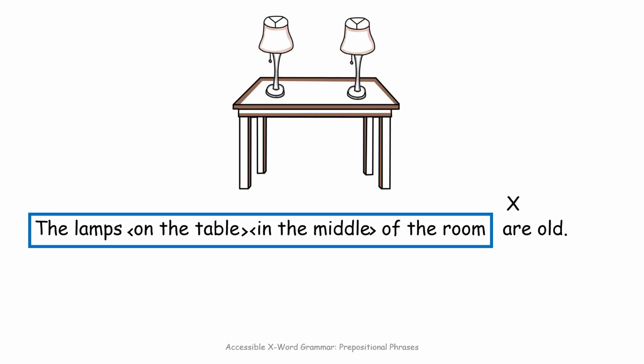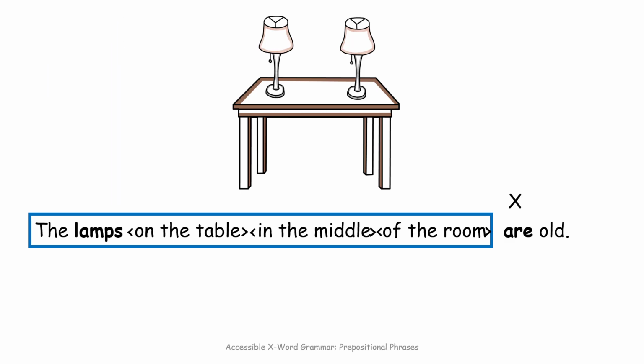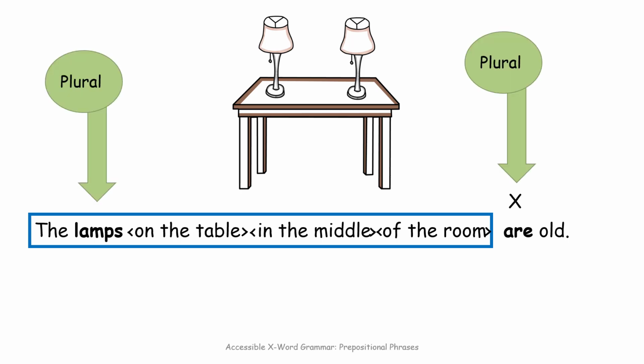Then look for prepositional phrases at the end of the subject box. If you cross them out, you will find your noun. Notice that lamps is plural, so it agrees with are. Don't confuse the main noun with the nouns in the prepositional phrases. In this case, table, middle, and room.